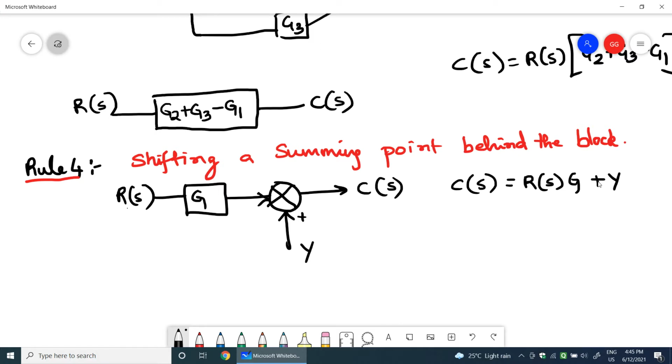Now what happens if I push this summing point beyond the block, and I should still see that the expression is the same. So what should we do when we push the summing point beyond the block, and the expression should be the same? So let us see that now.